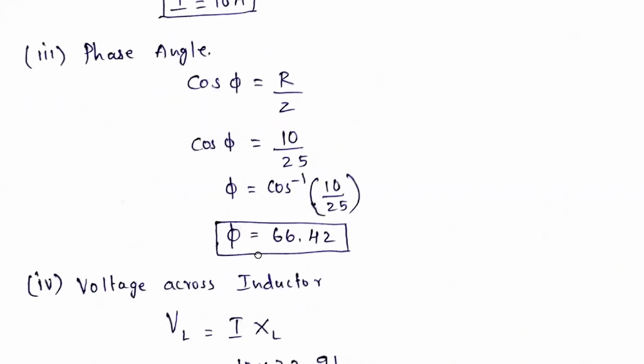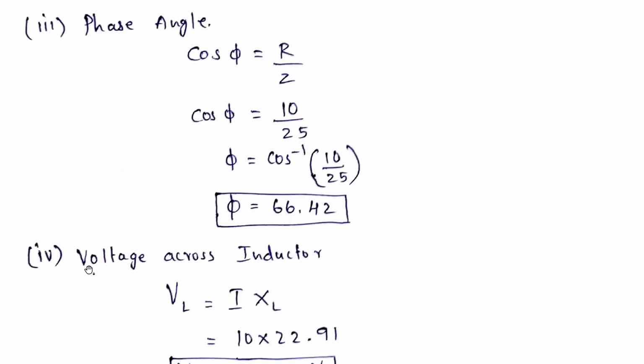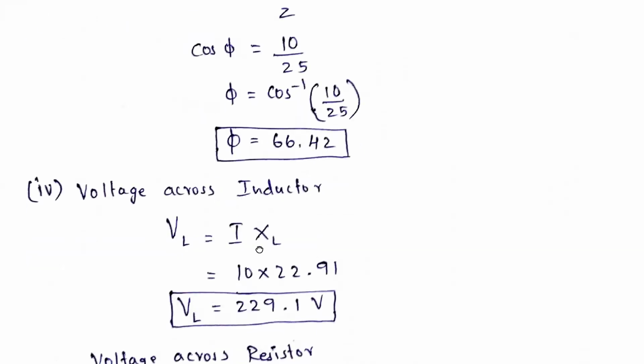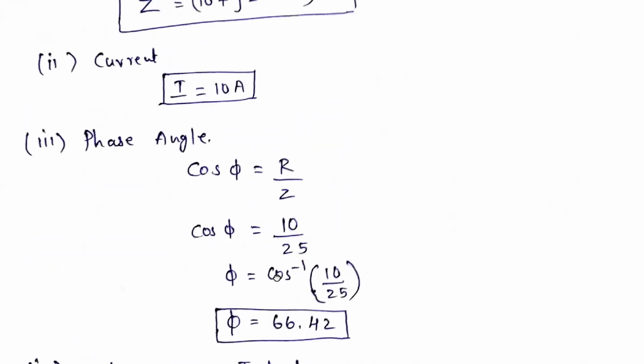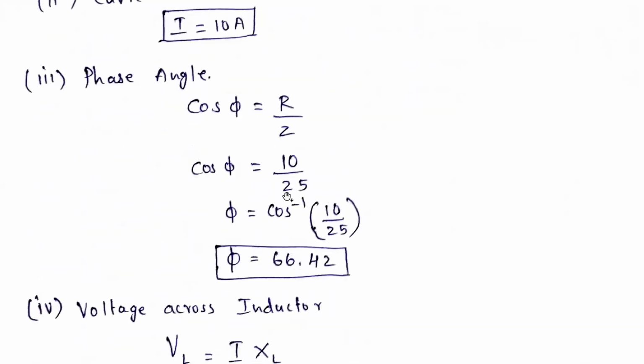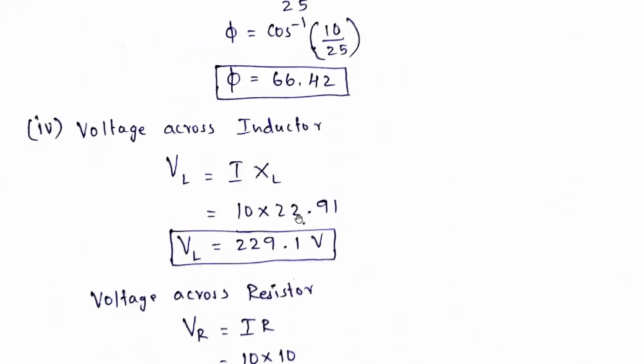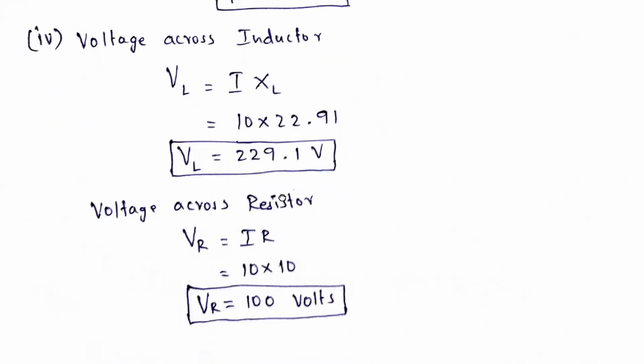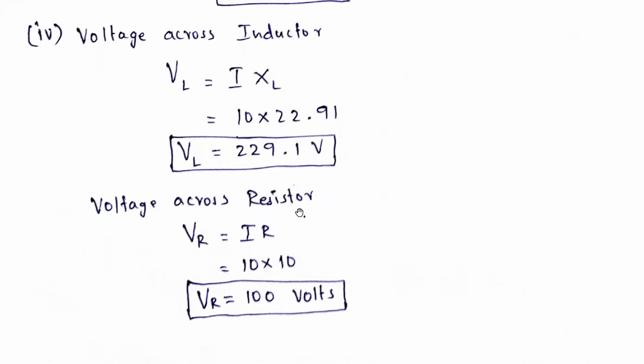Next is voltage across the inductor. Voltage across inductor VL is equal to I into XL. I is 10, XL we already calculated as 22.91 ohms. Substituting, we get VL as 229.1 volts. Next we need to find the voltage across the resistor, which is also asked in the problem.